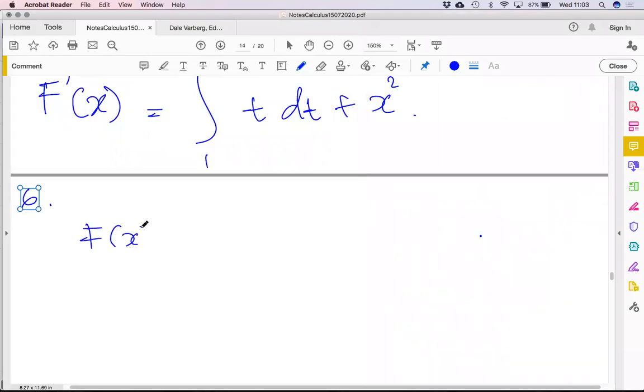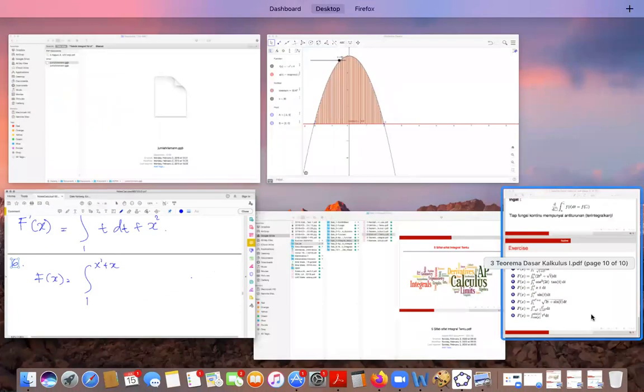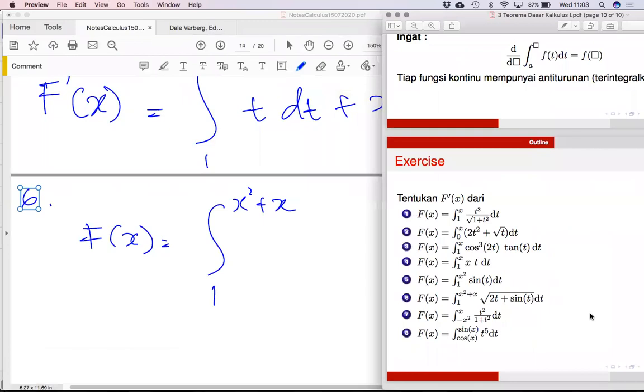Given f(x), the upper limit is x squared plus x, and the integrand is the square root of 2t plus sin t dt.